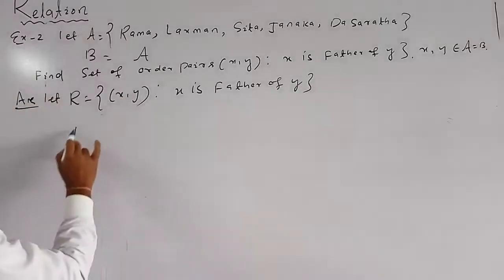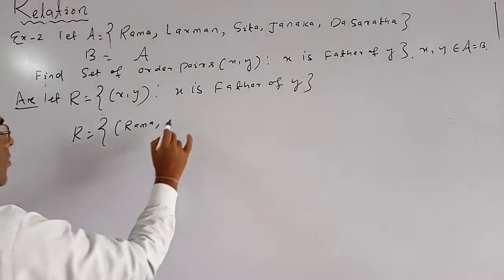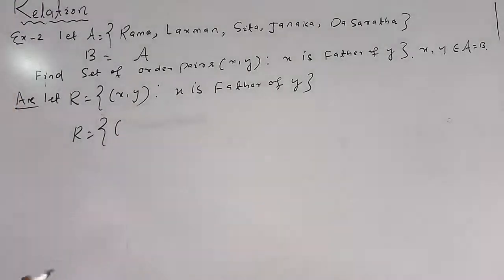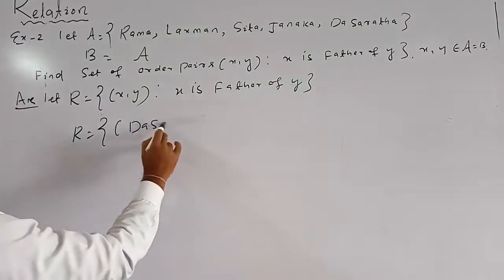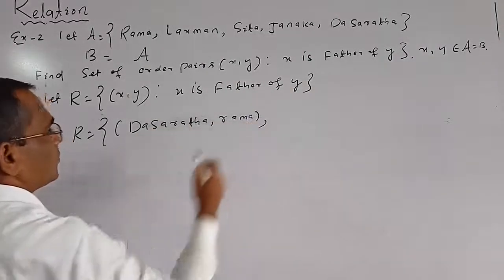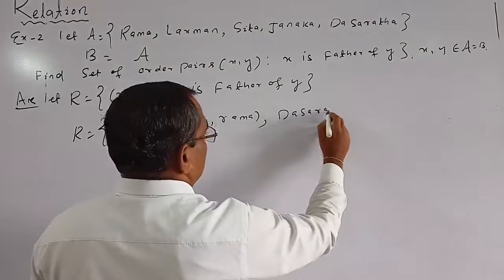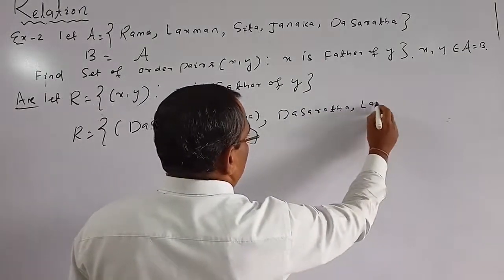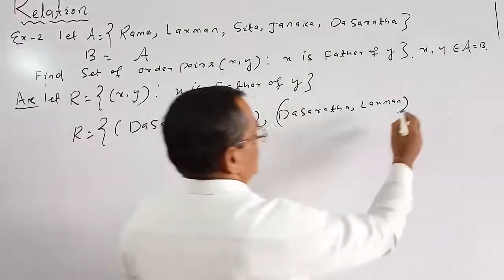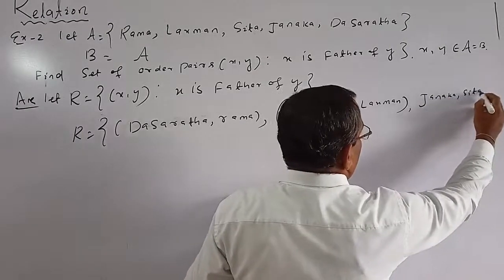Okay, so here R is equal to Dasharatha Rama, not Rama Dasharatha, Dasharatha Rama, then Dasharatha Lakshmana, then Janaka Sita.